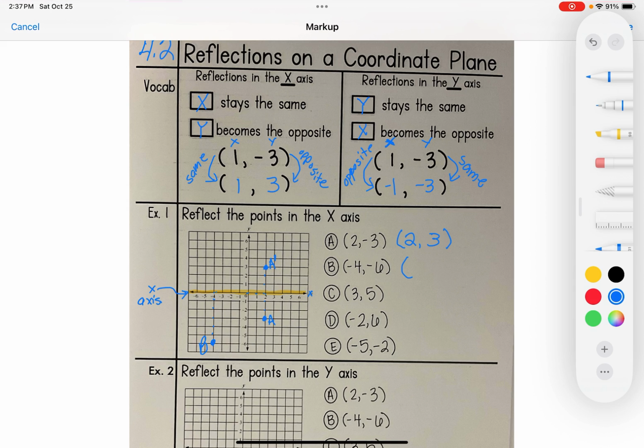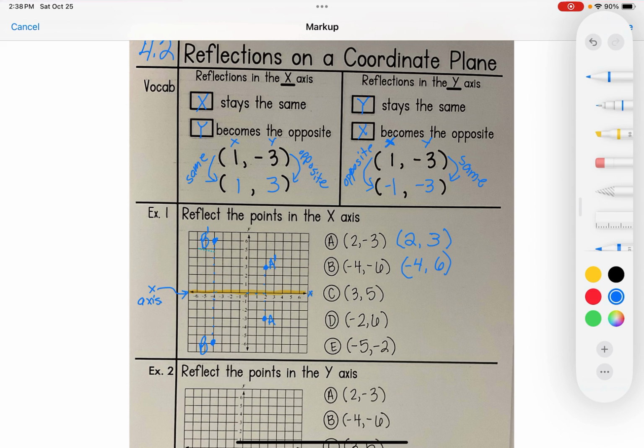When I reflect over the x, the x stays the same, so it's going to stay -4. The y changes, so it's going to become +6. So I'm going to go back -4, but this time I'm going up 6. 1, 2, 3, 4, 5, 6. And when I plot that, it's B prime.